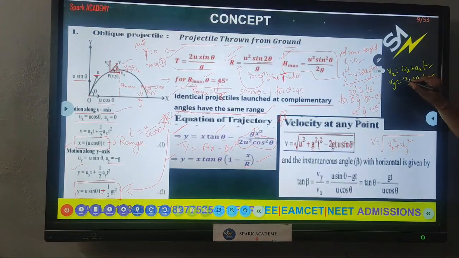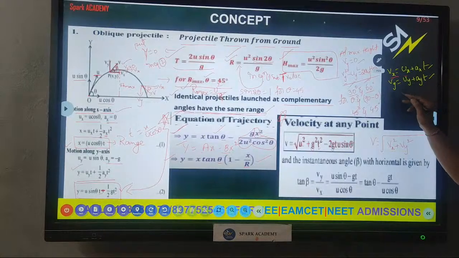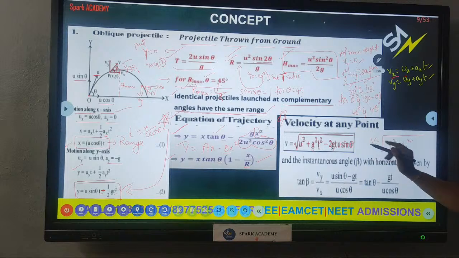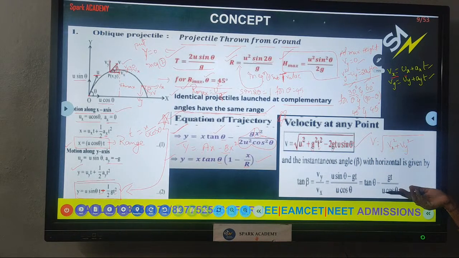For the vx component, only ux will come because ax is 0. For the vy component, it is u sin theta, the uy value, minus g t whole square, which we expanded here. So this is the velocity at any point, also called the instantaneous velocity.